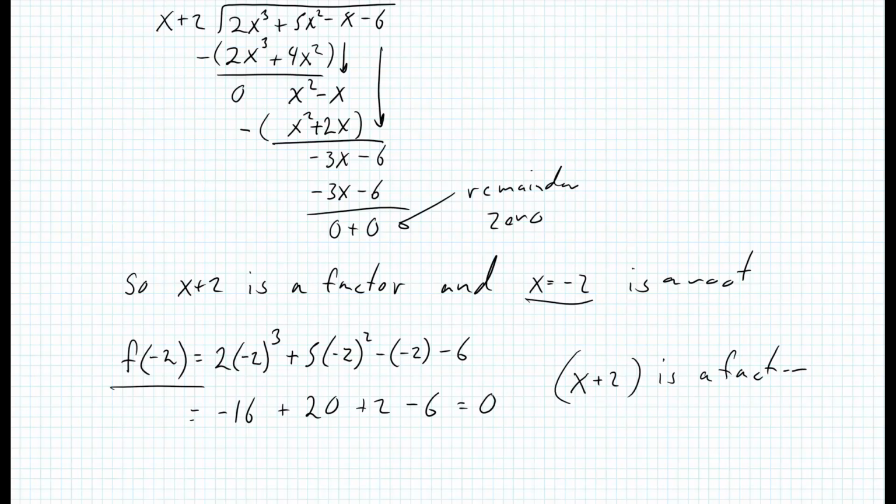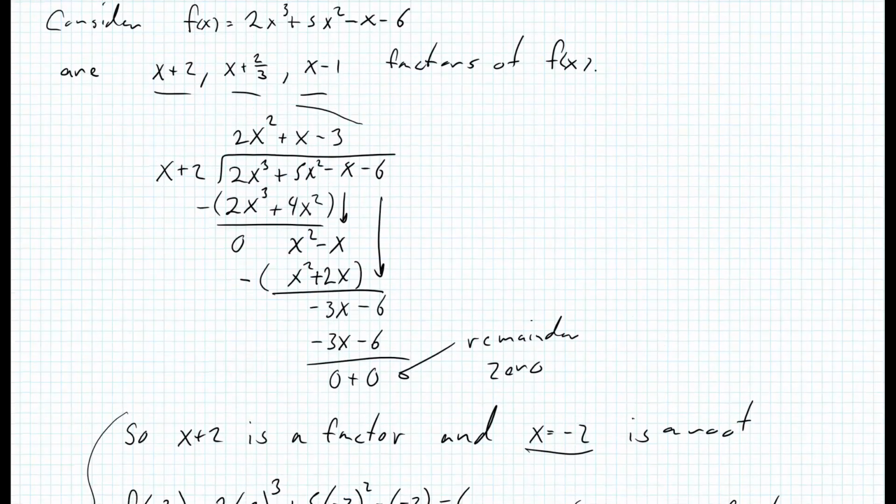You can sort of conflate the remainder with the function value. Now, the problem with this is it doesn't tell me how it's factored. It tells me that minus 2 is a root and that x plus 2 is a factor. But to actually find the other factor, I need to do long division.